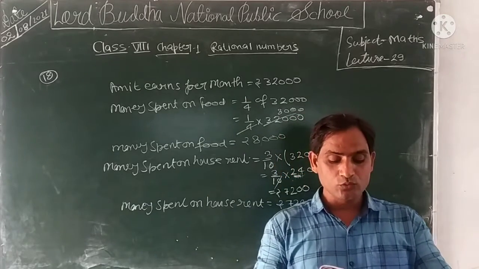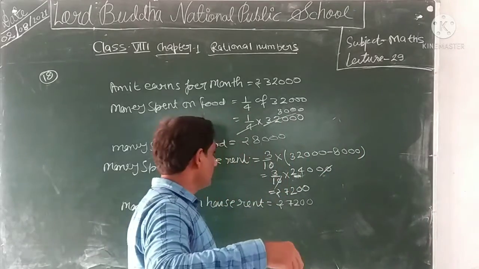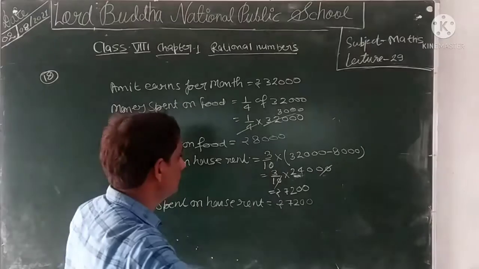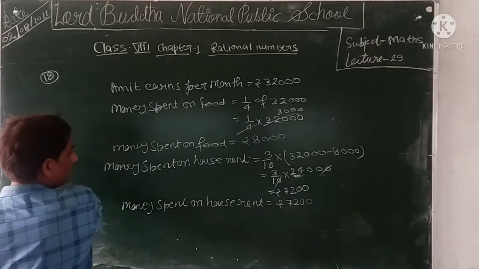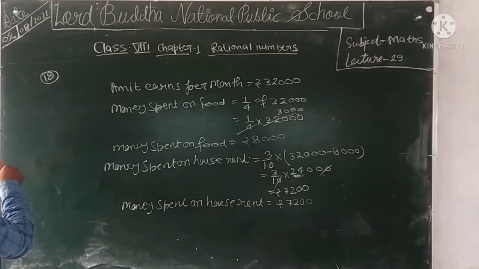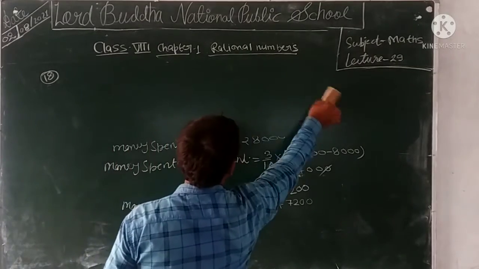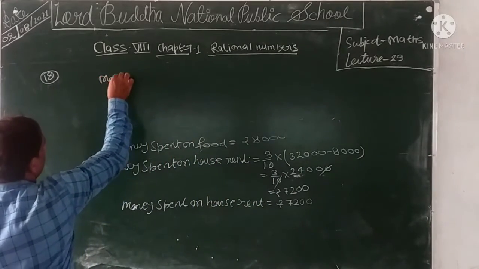Now the next part is 5/21 of the remainder on education of children. Now we find the money spent on education.